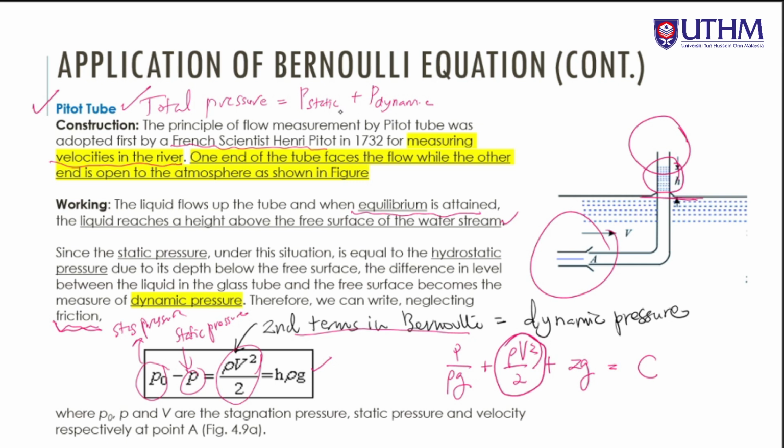Okay, so P static is there, however the P dynamic is actually equivalent to P stagnation at this case. Okay, that is why kalau kat sini kita guna P naught minus P equals rho V square over 2 equals rho gH.